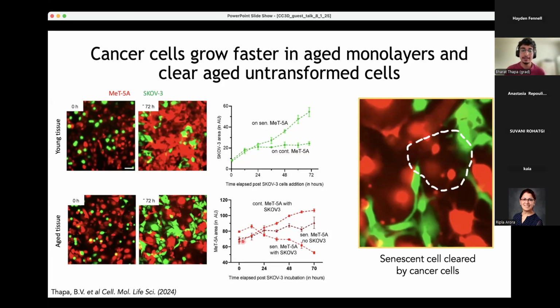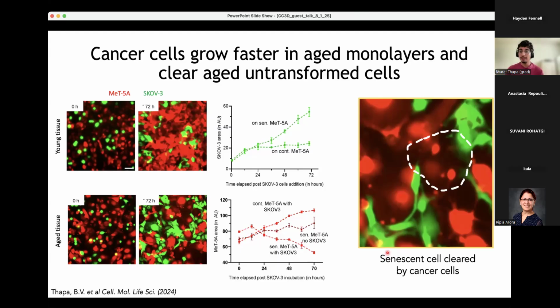If you look at the area of the monolayer itself, you can see that the area is expanding because these cells are dividing too in control, which is the young tissue, but it starts to decrease when cancer cells are present within aged tissues, which kind of suggests that maybe cancer cells are clearing or are making space for them in aged tissue to proliferate better.